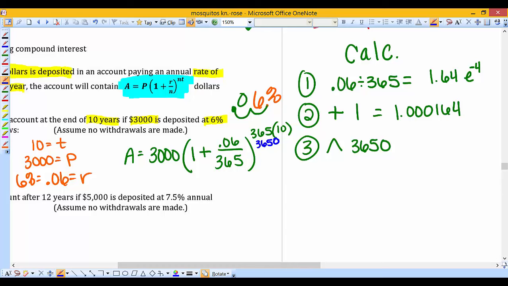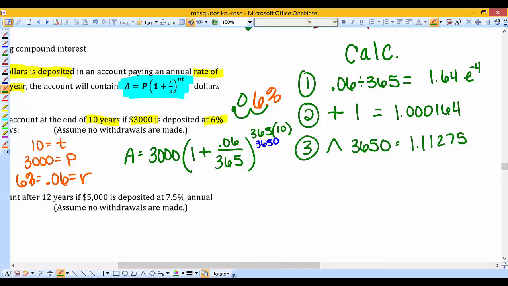So now that's in my calculator, and I hit equals. And I get 1.11275 and then some more decimals. Keep it in your calculator. Do not clear it. Your answer will change if you are cutting off your decimals, and I'm not going to be happy with that.